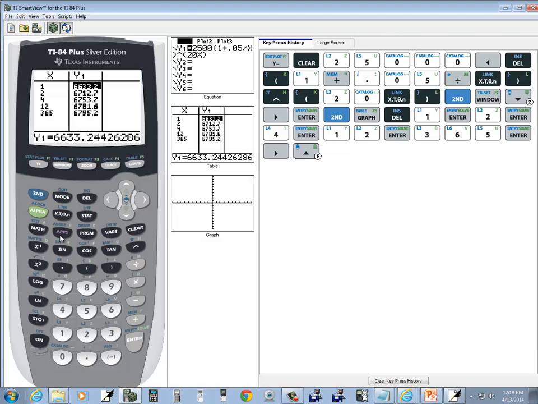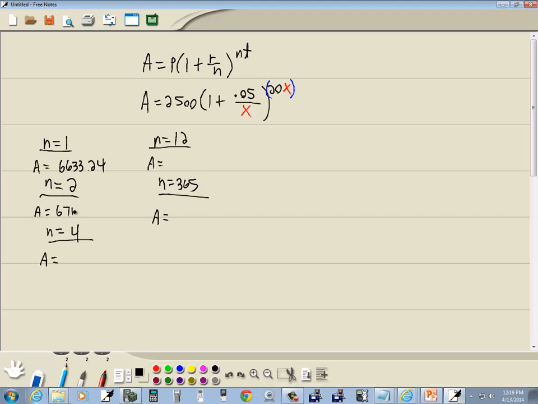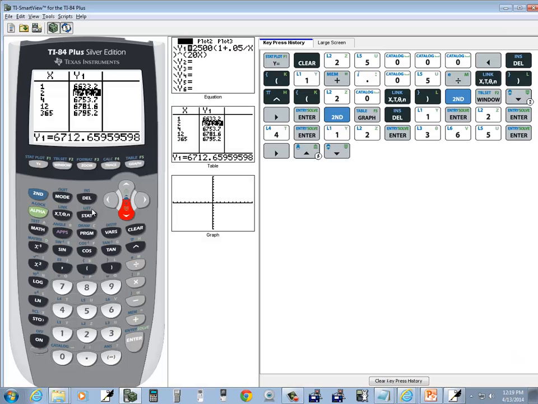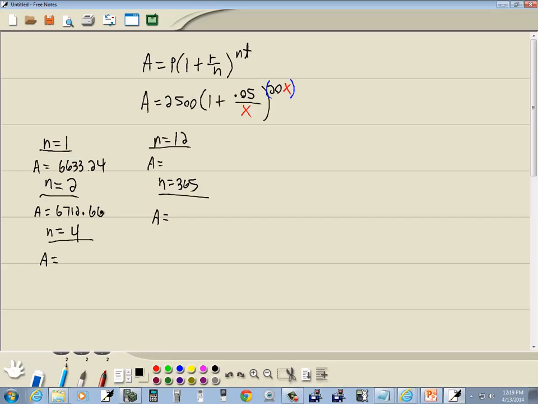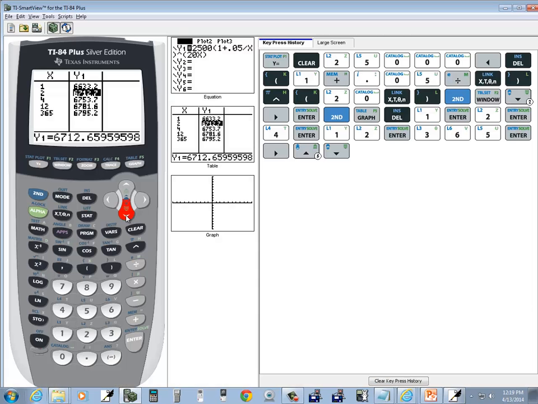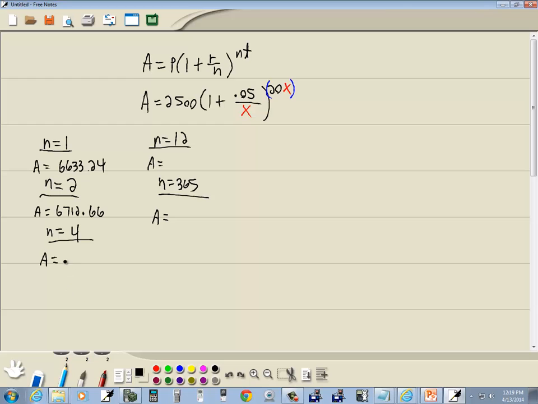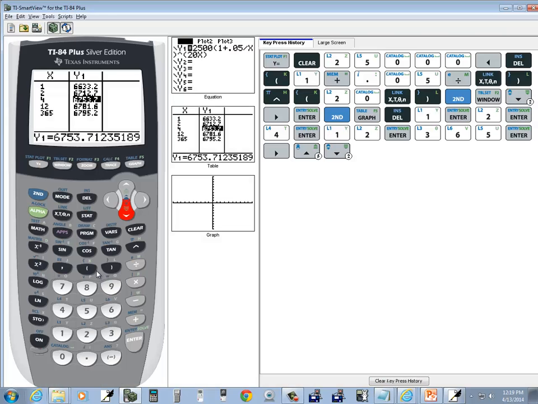Now N is equal to 2. I'll down arrow, and I got 6712.66. And now down arrow, this one's 6753.71.